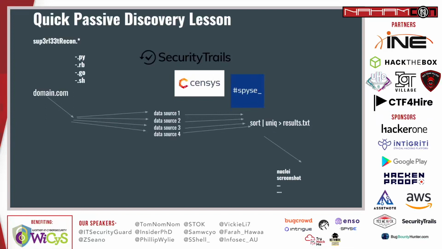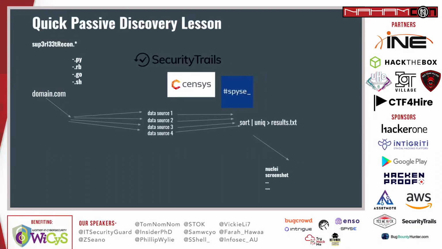They query those passive discovery sources, and the tools they're using for that work as follows. You have your super recon tool, and you feed it with the domain. This tool then goes and gets all the data from the data sources, sorts them all, uniques them, and prints you out the results so you can use them further.